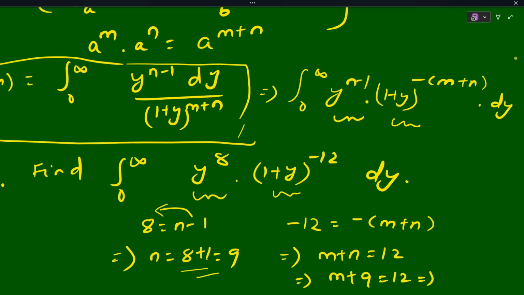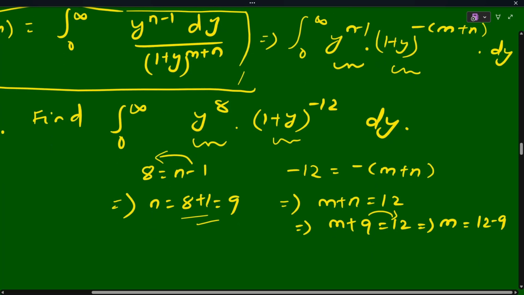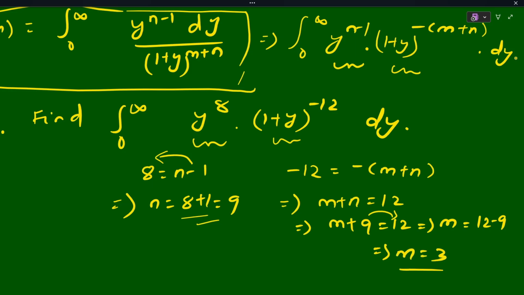So here the m value would be, take this 9 to the left hand side, 12 minus 9, that is m equal to 3. So as I found the m value and the n value, the answer will be beta mn, right? So the answer is beta 3 comma 9.